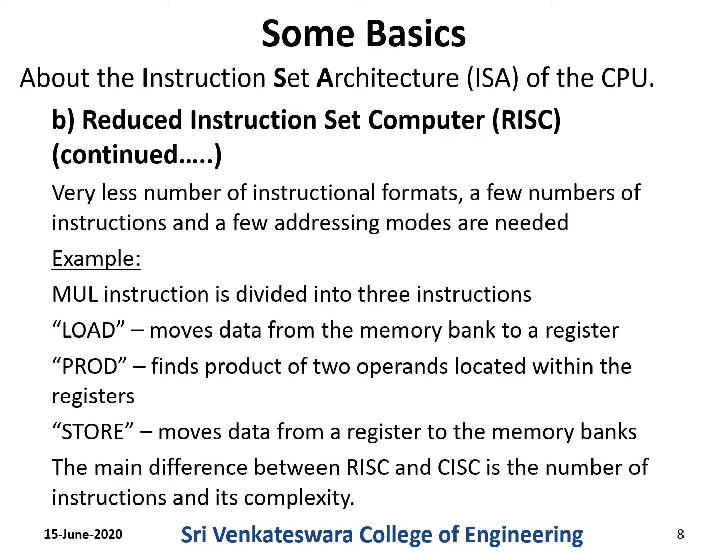Load instruction loads the data from the memory bank to a register, and product instruction computes the product between two operands placed in the register, and store instruction places the data present in the register into a memory bank. So this simple example highlights the main difference between RISC and CISC in terms of the number of instructions and the complexity of the instructions.